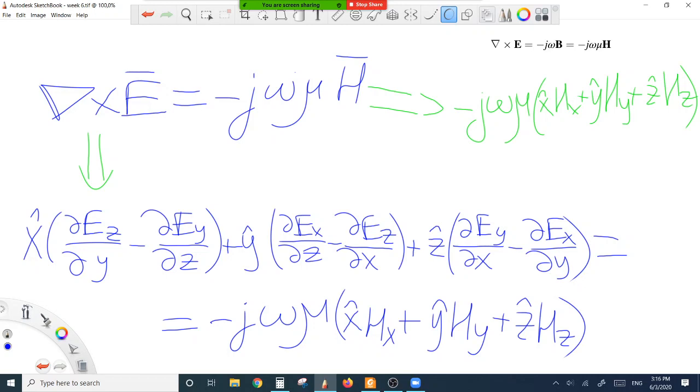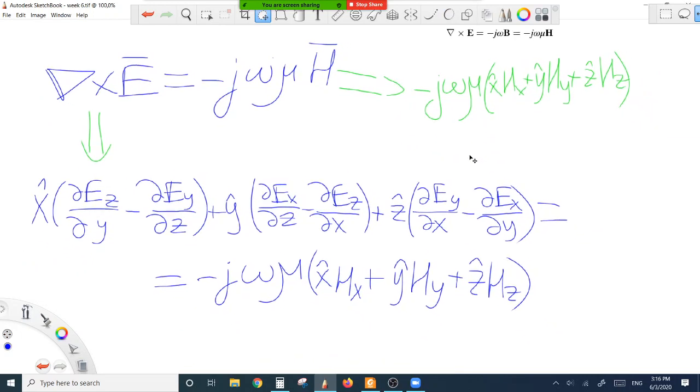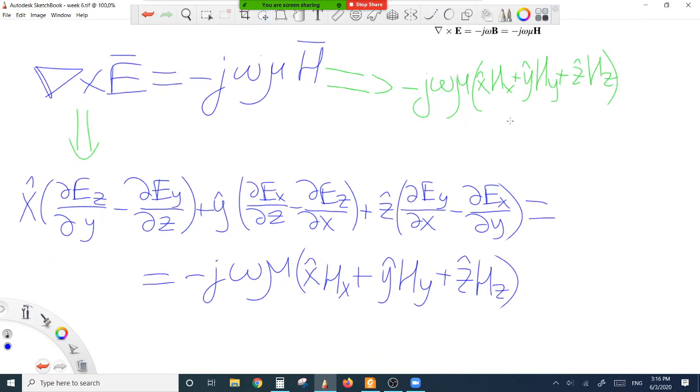If we look at our final expression, if we remember, we are working with the one-dimensional wave equation in free space.